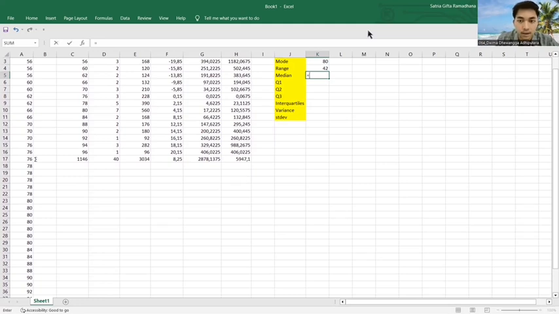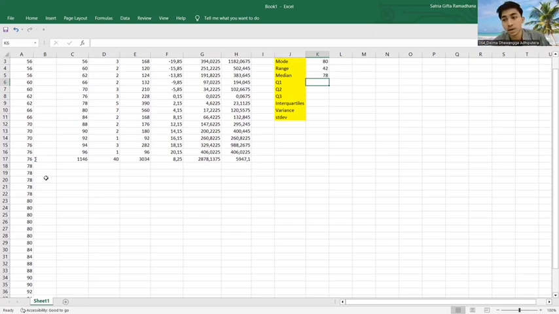Just type equal, and then in parentheses, click the 20th data plus the 21st and divide 2. So we already have the median.